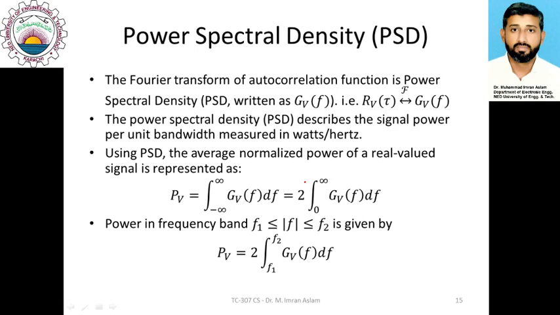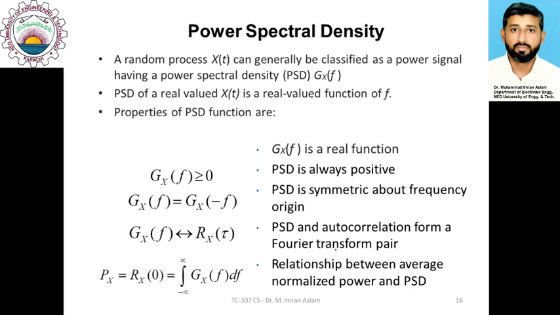Similarly, if you want to find the power in a specific frequency band from f1 to f2, we can simply integrate the power spectral density over the required band, from f1 to f2. As I mentioned, the power spectral density is a distribution of power.